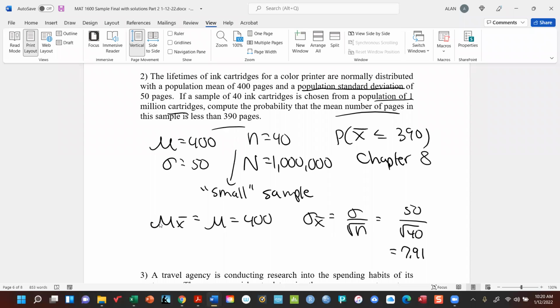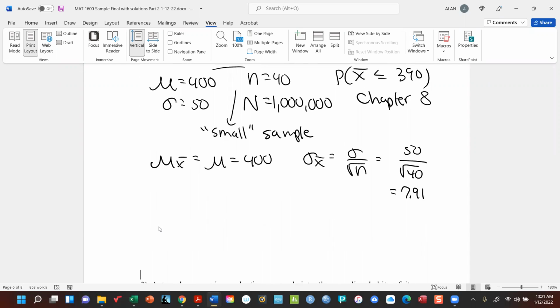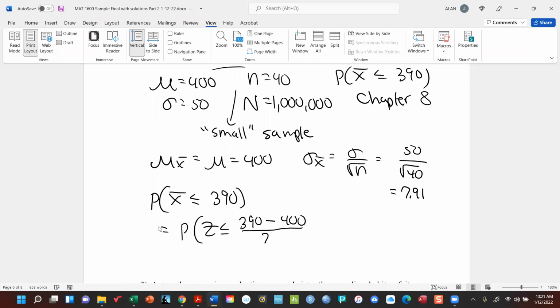Okay. And now the probability that we're looking for is less than or equal to 390 pages. So this one is more straightforward. Because it's already less than or equal to, Z is about negative 1.26.